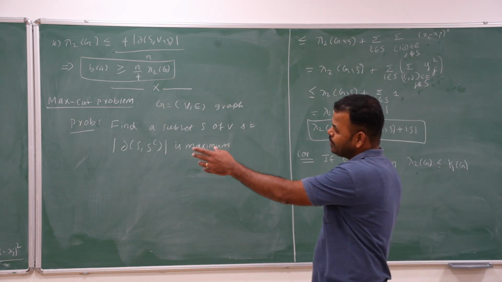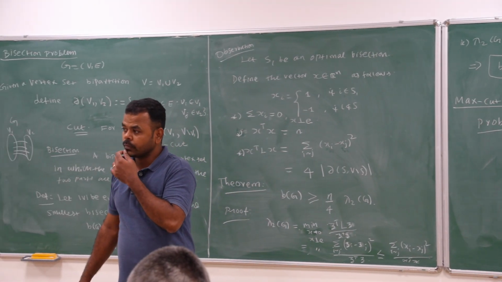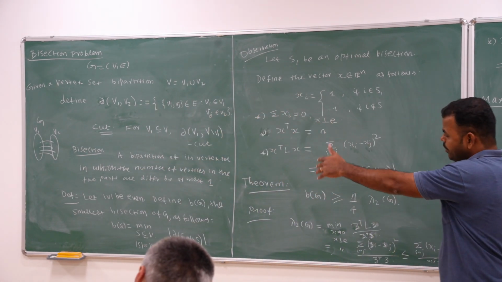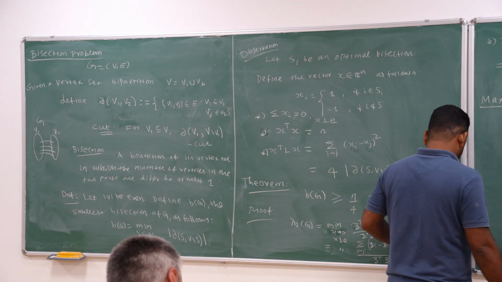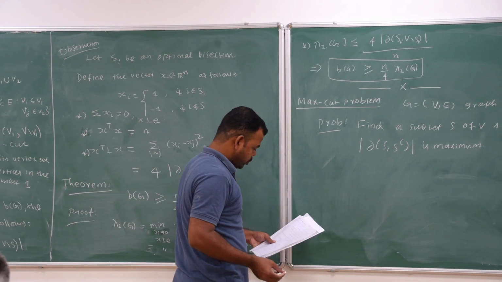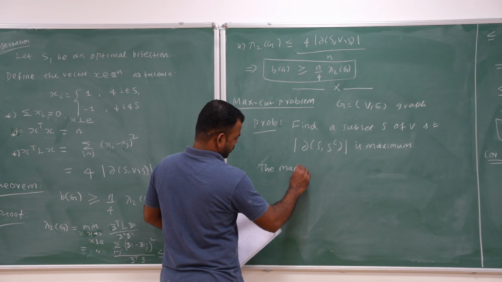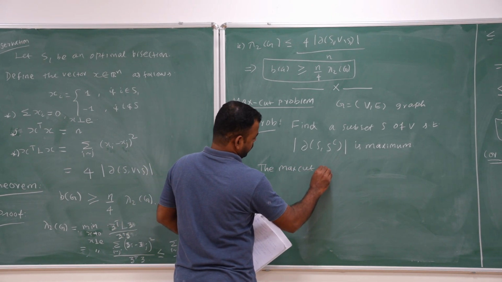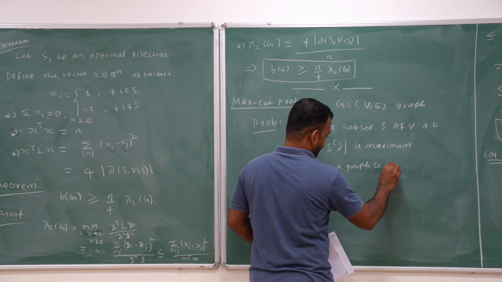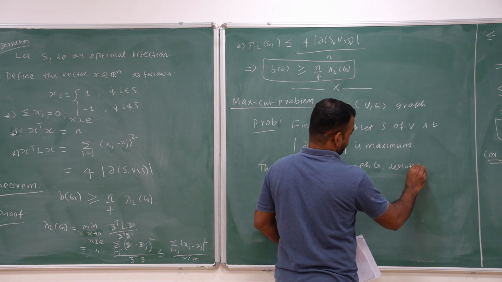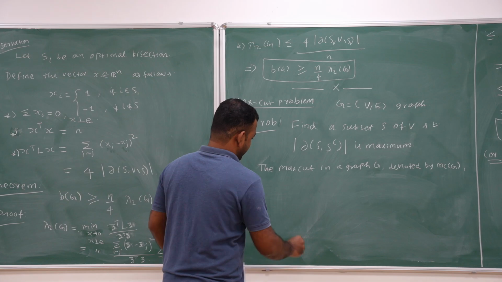It's a kind of problem similar to bipartition. You are bipartitioning the vertex set into two parts, but you are not restricting that the cardinalities are the same, and that was a minimization problem. This is a maximization problem. The max cut in a graph G is denoted by MC of G, and is defined as follows.